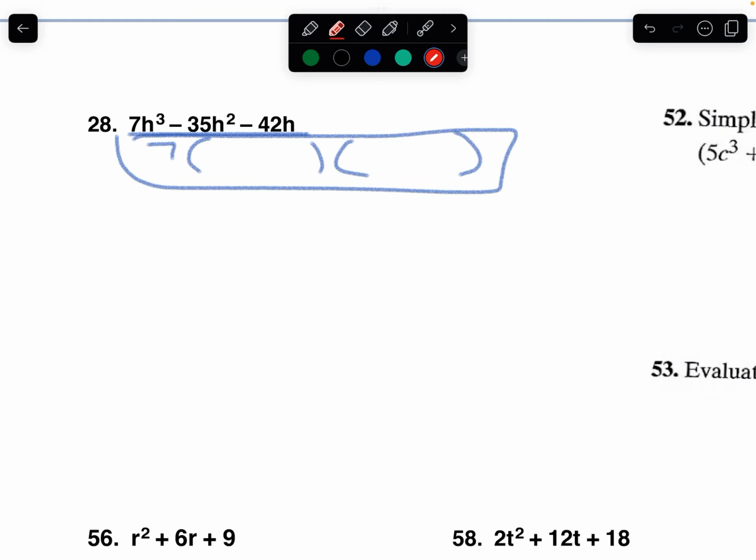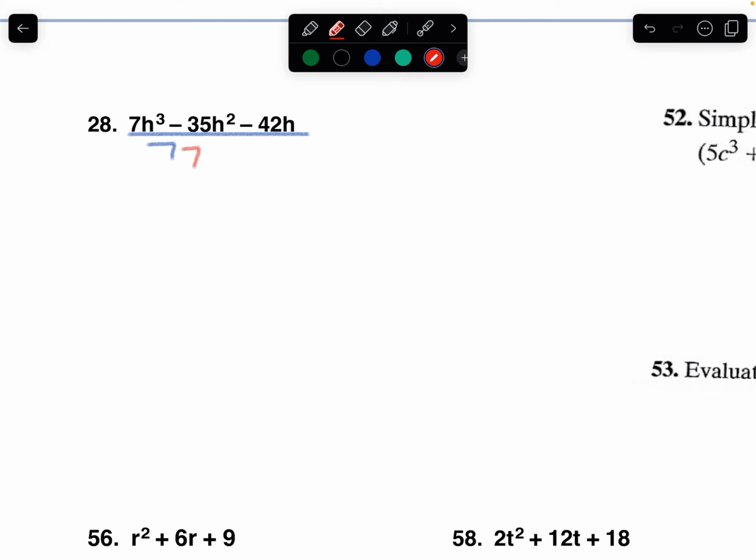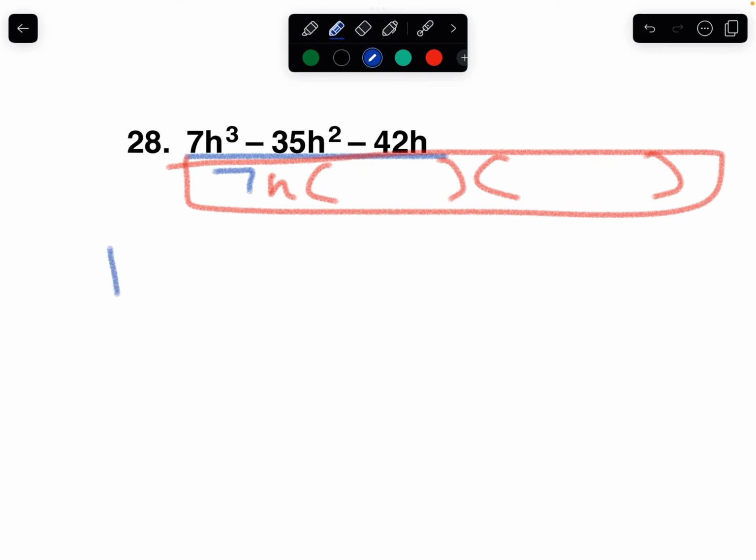And then you get, hold on, 7 and then an H. 7 and an H. Okay, so you get H squared that's left.